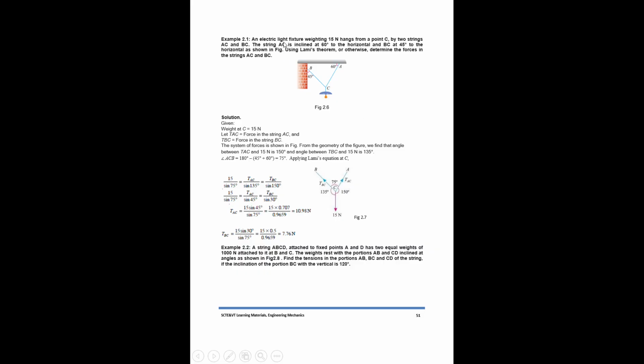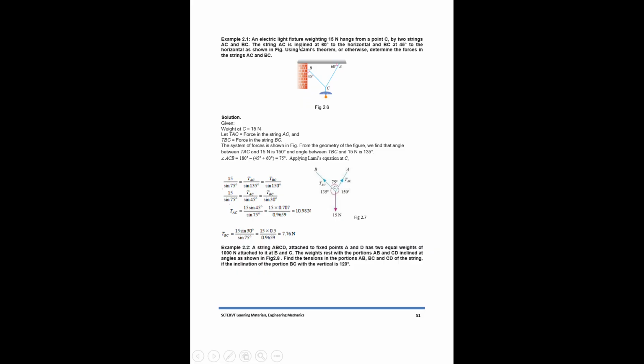An electric light fixture whose weight is 15 Newton hangs from a point C by two strings AC and BC. These two strings are AC and BC, and this bulb is hanging by using these two strings. The first string is fixed on the slab and the second one is on the wall.